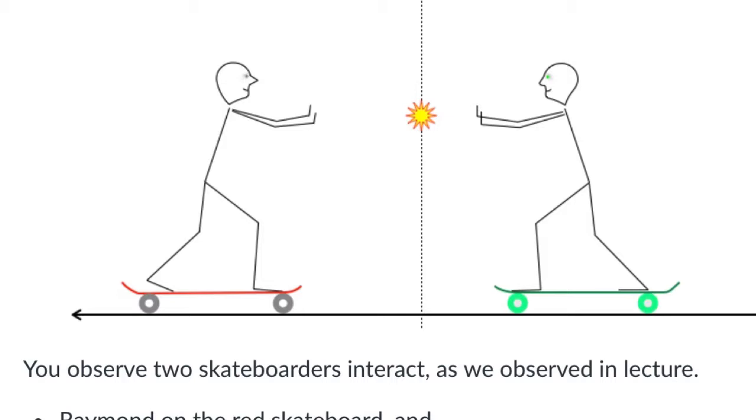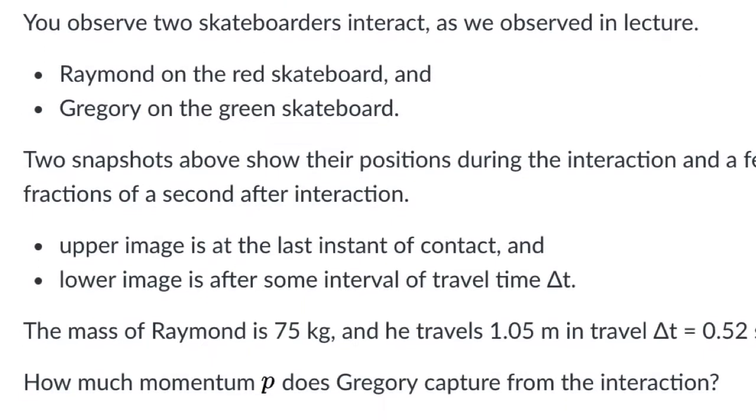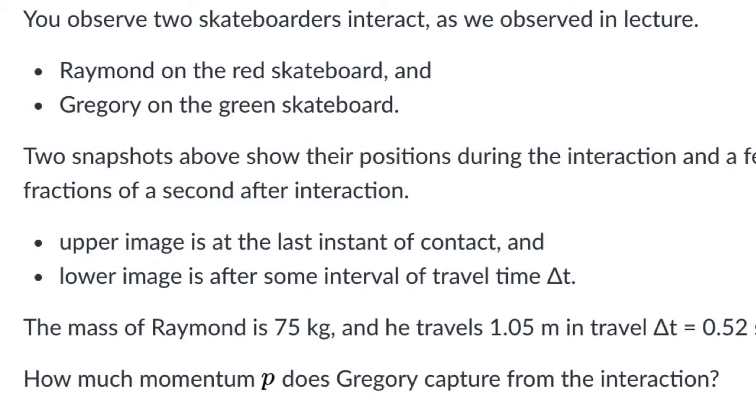The mass of Raymond is 75 kilograms, and he travels 1.05 meters in travel time delta t equals 0.52 seconds. How much momentum does Gregory capture from the interaction? We can figure that out if we want.